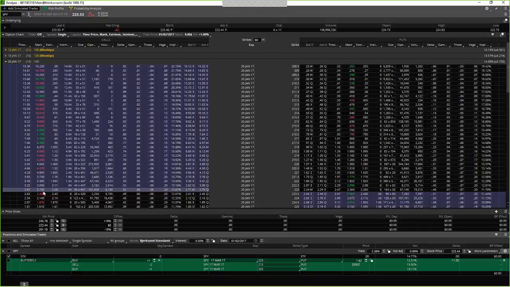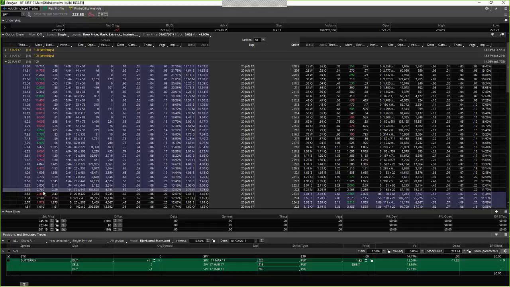He wanted to have something that made him money if we had a pullback. He wasn't worried about a tremendous crash, but he was worried about a moderate pullback, and he wanted to take advantage of volatility.